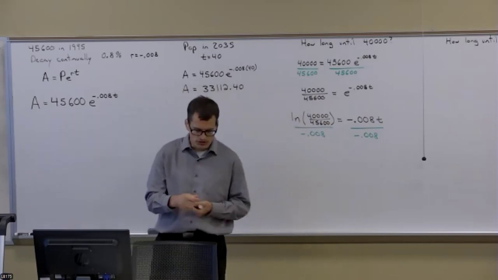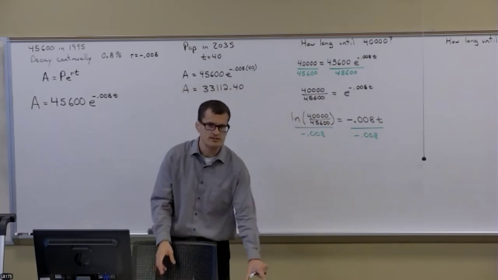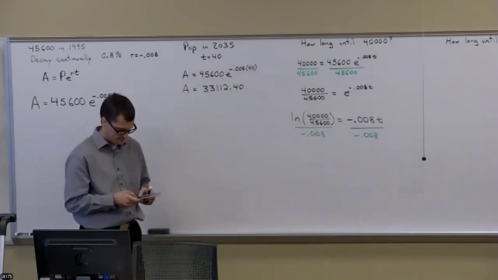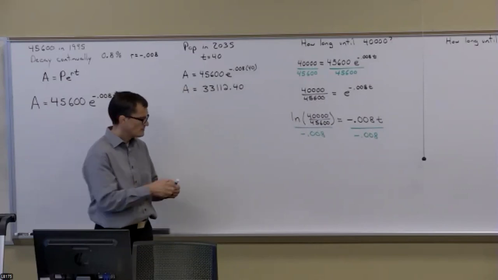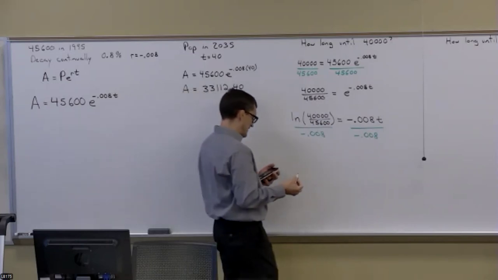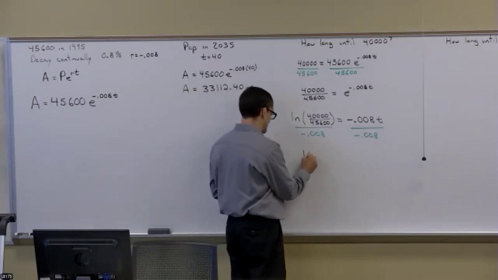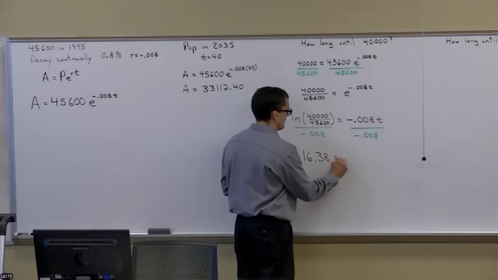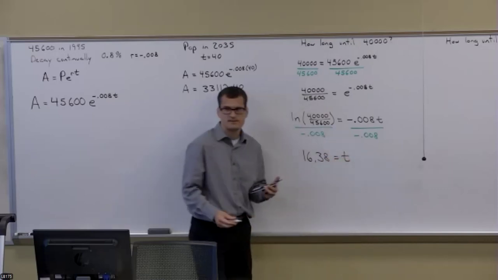You can do that in one step on your calculator or two steps, doesn't really matter. When I did that, I got approximately 16.38 as my value of t.